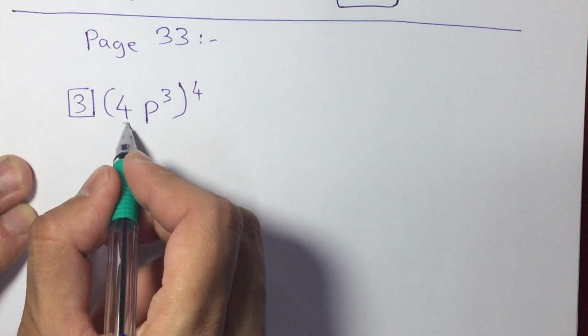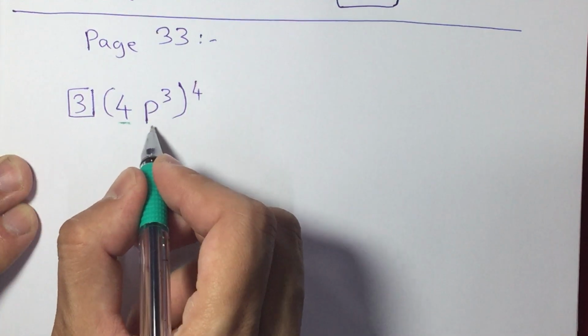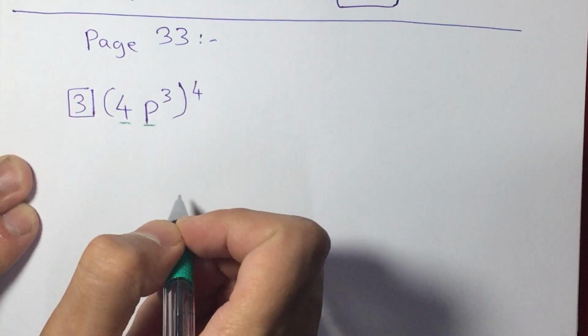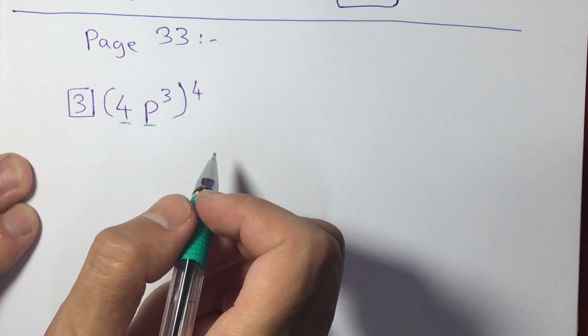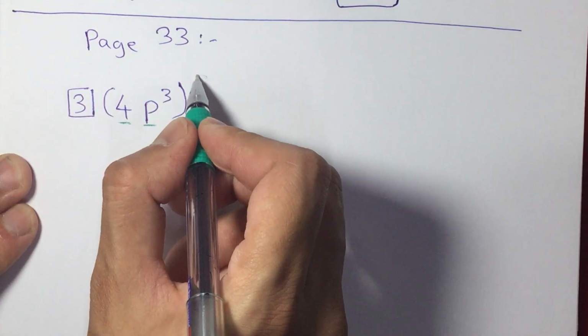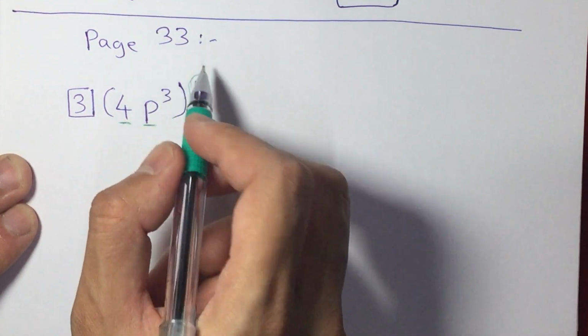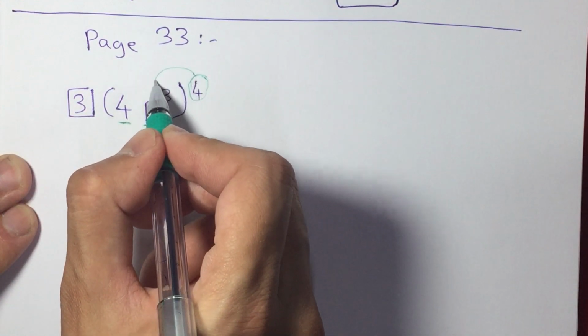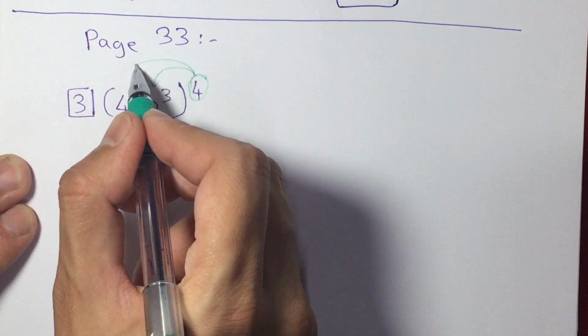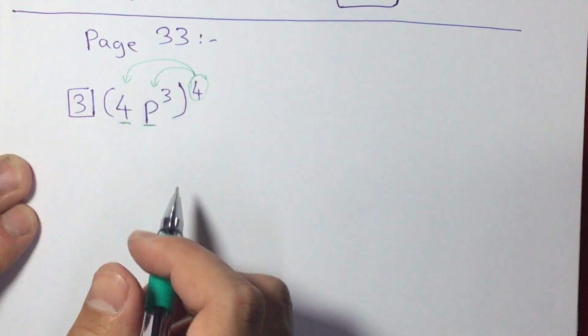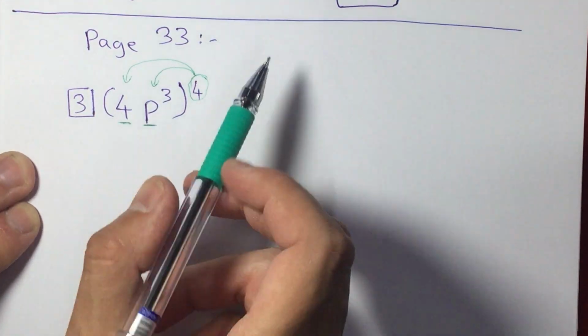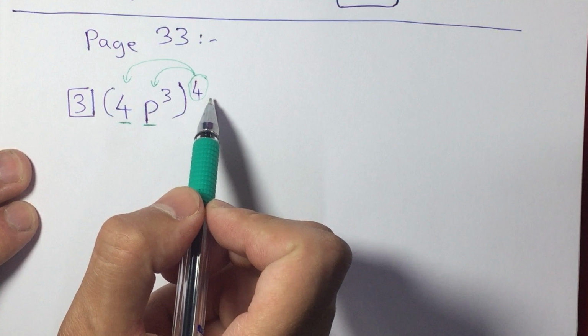We have 4, which is a number, and we have a variable called p. So we simply distribute this outer exponent to the inner factors.